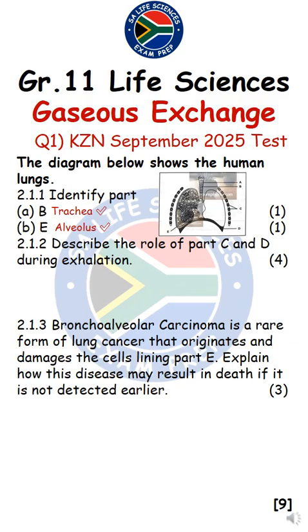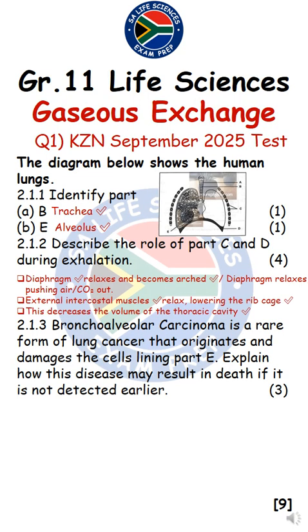Label C is the external intercostal muscle and label D is the diaphragm. So what role do these two parts play in exhalation? Note that the question isn't asking you to explain the entire process of exhalation. You are only asked to explain what the intercostal muscles and the diaphragm contribute to the process.